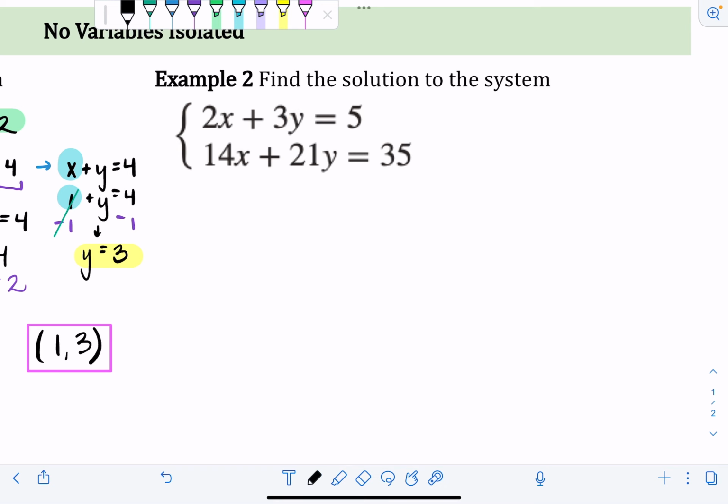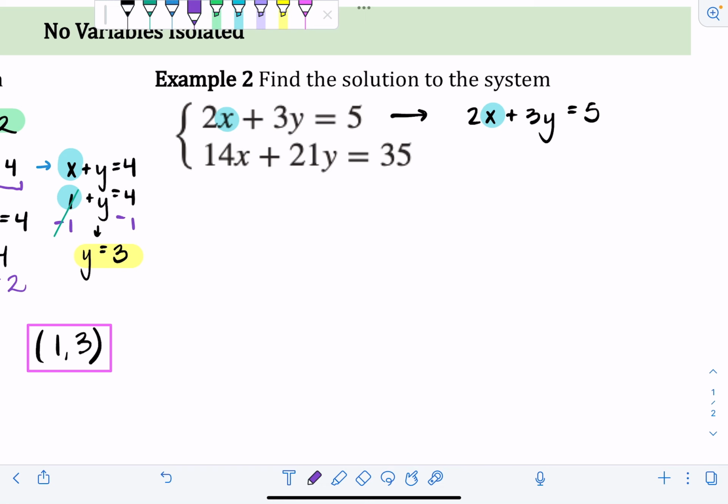So what I'm going to do is I'm just going to go for it. I'm going to take the first equation and try to solve it for x. So I'll rewrite it over here. 2x plus 3y equals 5. If I want to solve for x, I've got to get x by itself. The same steps as solving a regular two-step equation apply, where we have to use inverse operations.